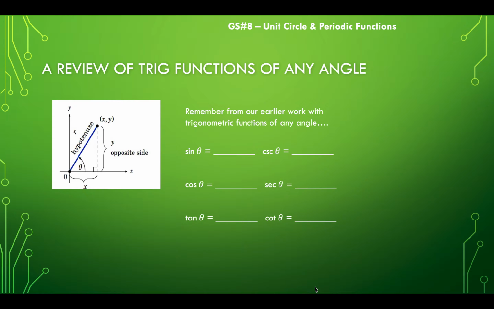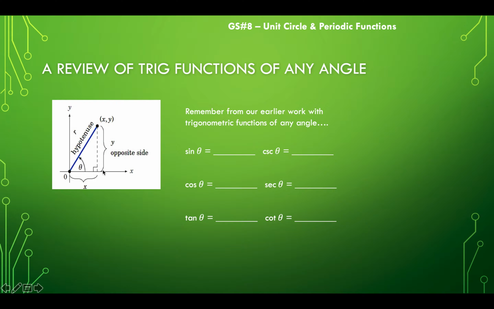All right, so last time we talked a little bit about trig functions of any angle. And remember, we created these reference right triangles by using the terminal side of some angle theta and then dropping a perpendicular down from any point on that side.